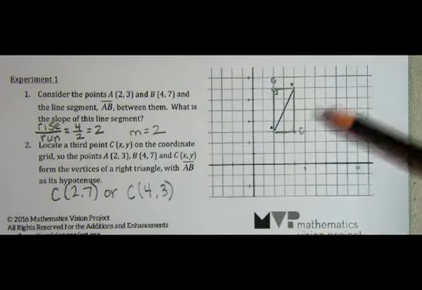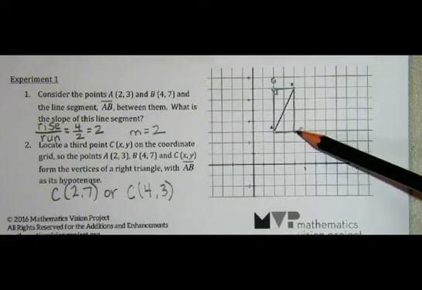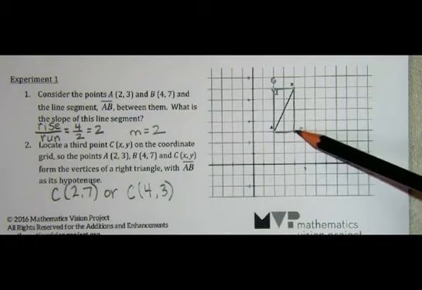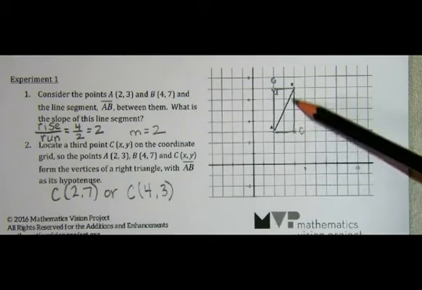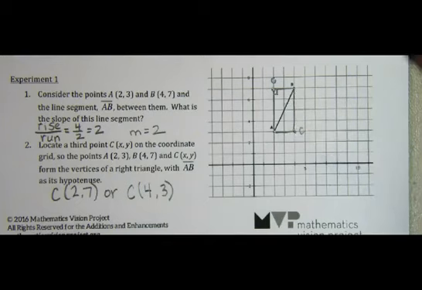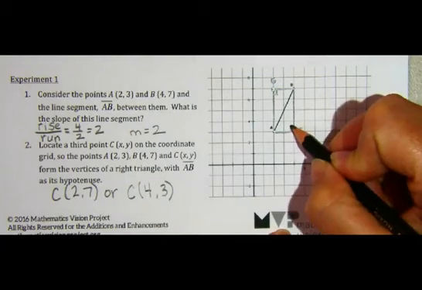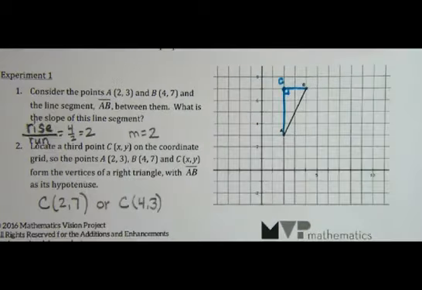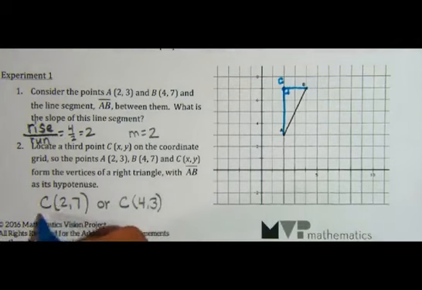If we had selected 4, 3 as point C, segment AC is horizontal and segment BC is vertical. So the triangle has one horizontal leg and one vertical leg, so triangle ABC is a right triangle. For our experiment, we will use the ordered pair 2, 7 for C.